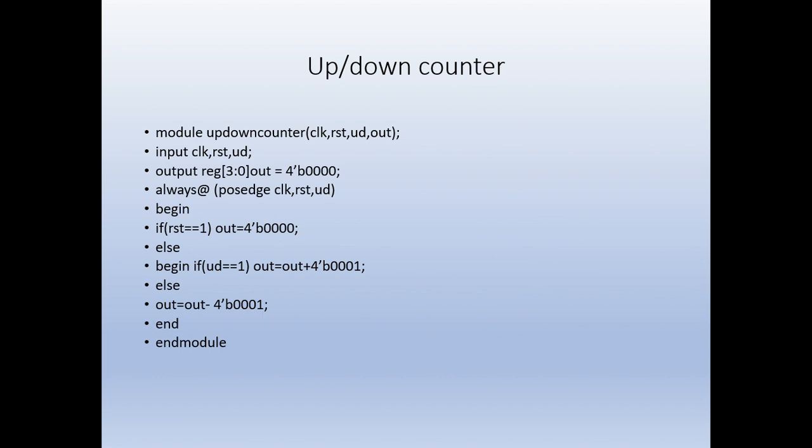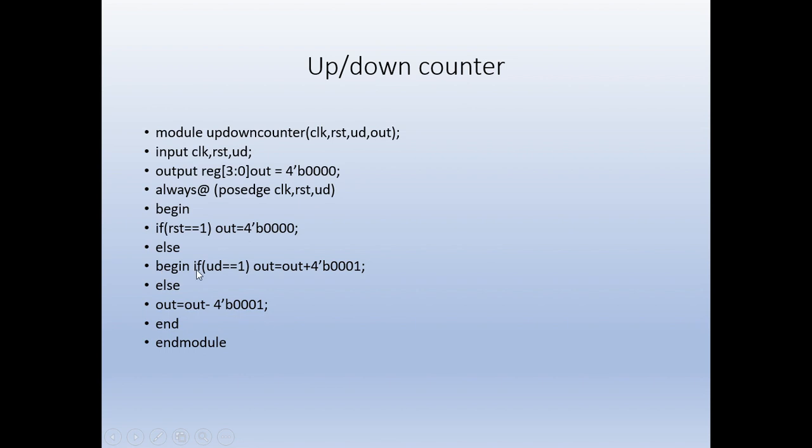We have studied the 2-bit counter, and for this up/down counter, the module up/down counter has your clock, reset, UD, and out. So here we can see always at positive edge clock, reset, UD. If reset is equal to 1, your output is equal to 4-bit 0.